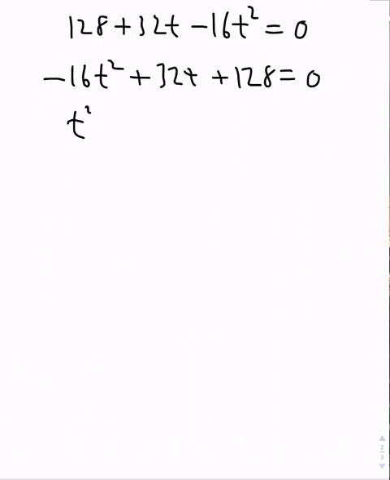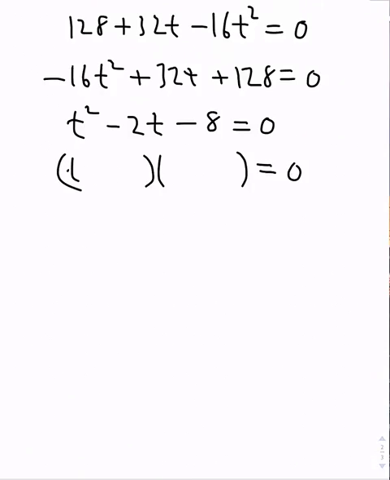So I end up with t squared. And then in the middle, I get negative 2t, right? Because when I divide 32 by negative 16, I get negative 2. And when I divide 128 by negative 16, I actually get negative 8. All right, so then let's see if we can factor. Looks like we can.